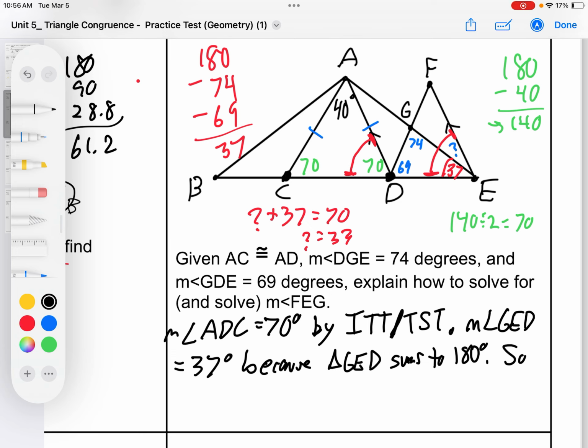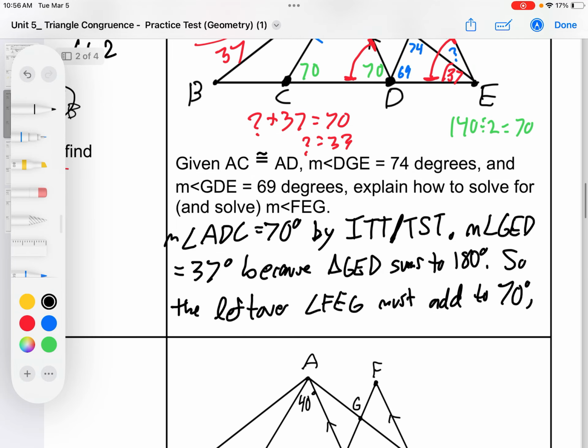So the leftover angle FEG must add to 70 degrees. Thus, measure of angle FEG is 33 degrees.